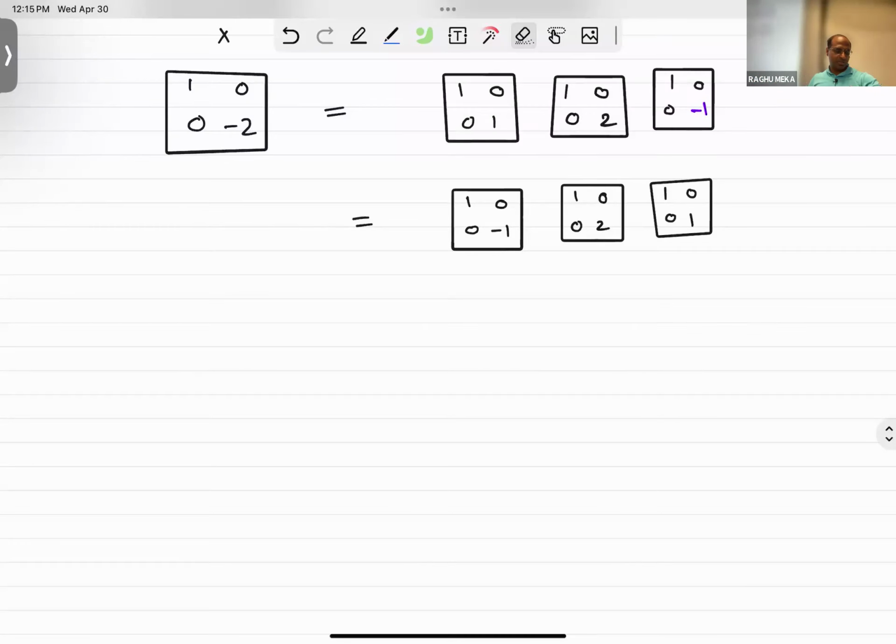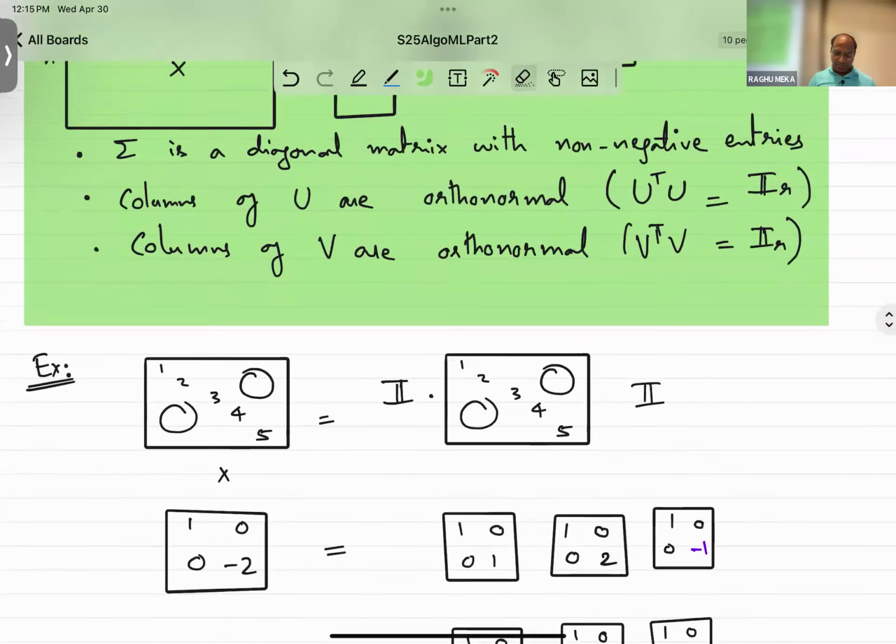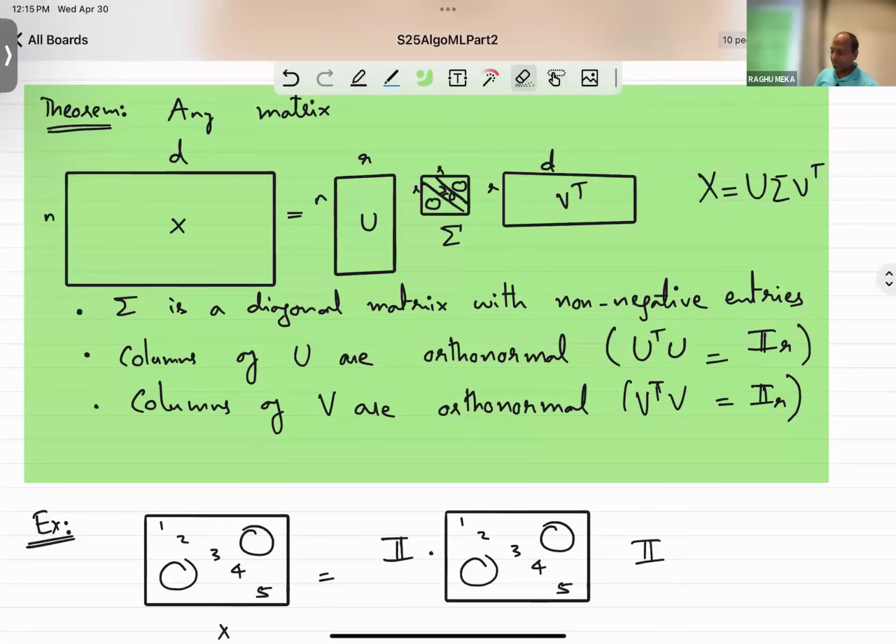So it's not unique in general, but typically, to get some sort of sense, when you write down a factorization, we ask for a factorization like this, where the values in sigma are decreasing down the diagonal. This is just a convention so that we have some sort of agreement on how to write it. So I'm going to assume that sigma 1,1 is greater than or equal to sigma 2,2, greater than or equal to sigma 3,3, and so on.